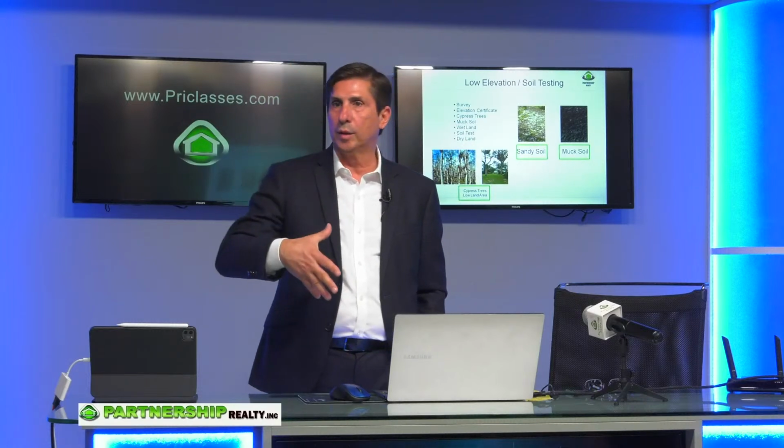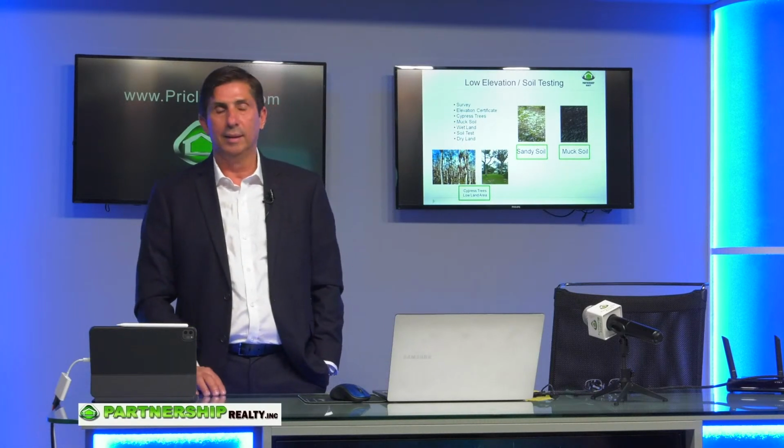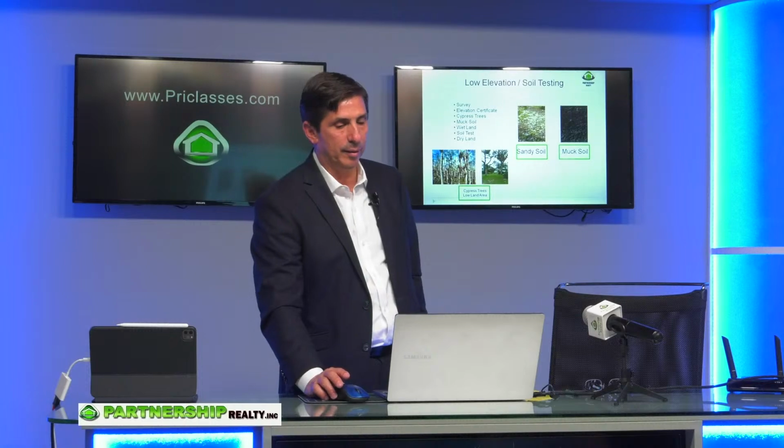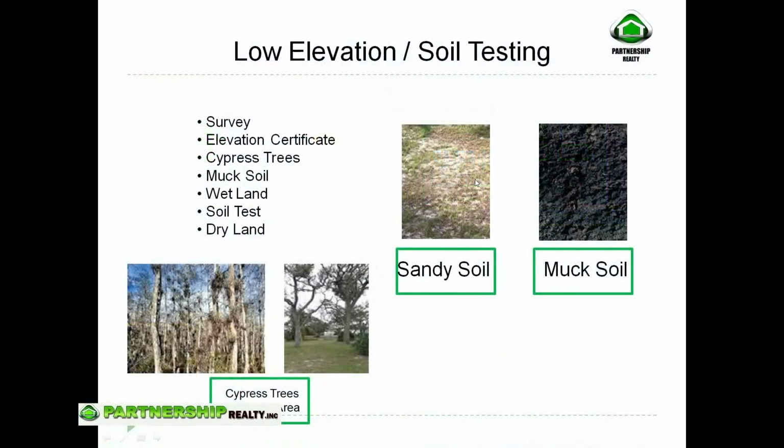Water goes right through it. This is what you're going to have, something that looks like this. Not too friendly to walk on, by the way. It kind of hurts your feet when you're walking on it barefoot. So a lot of people will bring in the muck soil and put anywhere from 3 to 6 inches on top of it, so they'll have healthy soil for the plants and for the grass.